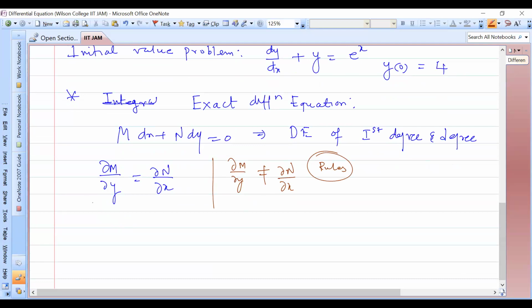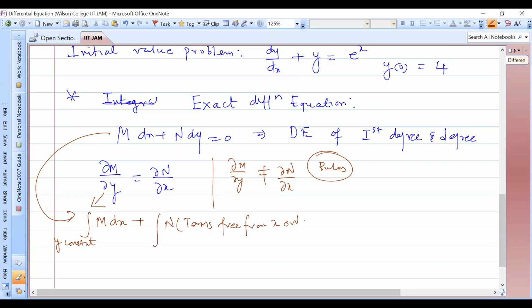Yes. And how to find the solution of this equation? If it is exact, then what is the solution formula? Integration of M with y constant, plus the terms of N free from x only, dy equals c.